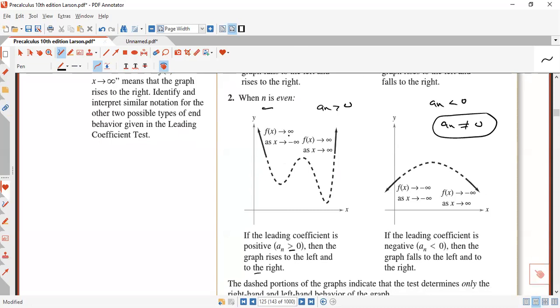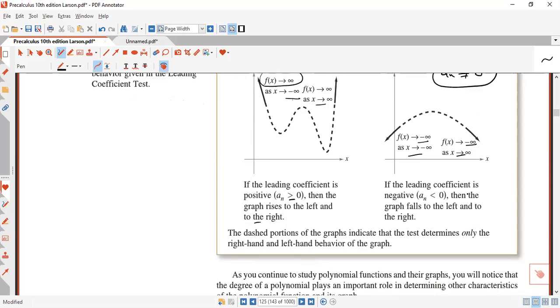So if x goes either to negative infinity or to positive infinity, the function will always rise on both sides. Clear? And if our leading coefficient is negative, whether x tends to infinity or to negative infinity, the function will always fall. That means it will go to negative infinity on both sides.